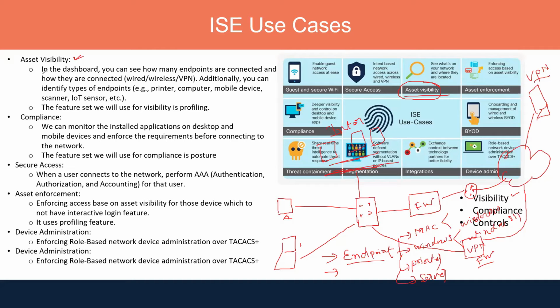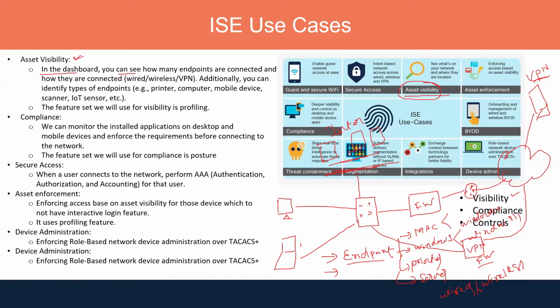So you can see over here, in the asset visibility dashboard, how many endpoints are connected and how they are connected, whether they are connected using a wired network or wireless, or let's say some user is connecting through the VPN. You would have that kind of visibility.